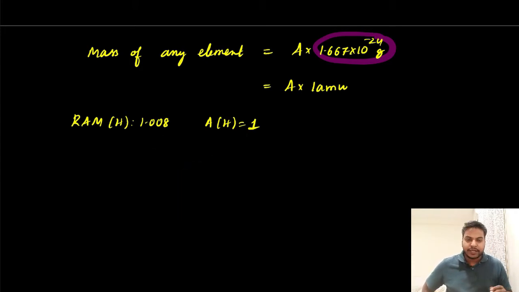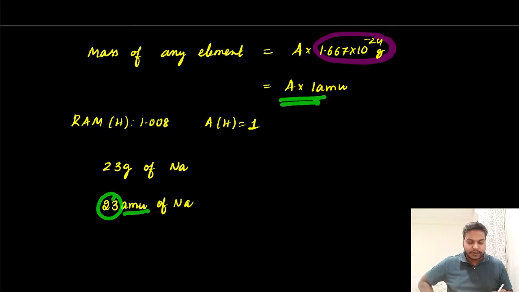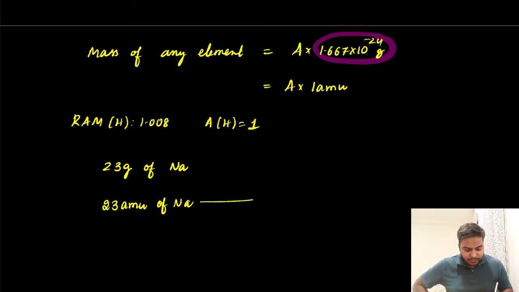Why am I so particular about this, students? See, if you take 23 grams of sodium, and I compare that with 23 AMU of sodium, see what is the difference here. When I use the word 23 AMU, it means 23 times 1 AMU, which is the mass of 1 sodium atom. So 23 AMU represents 1 sodium atom.